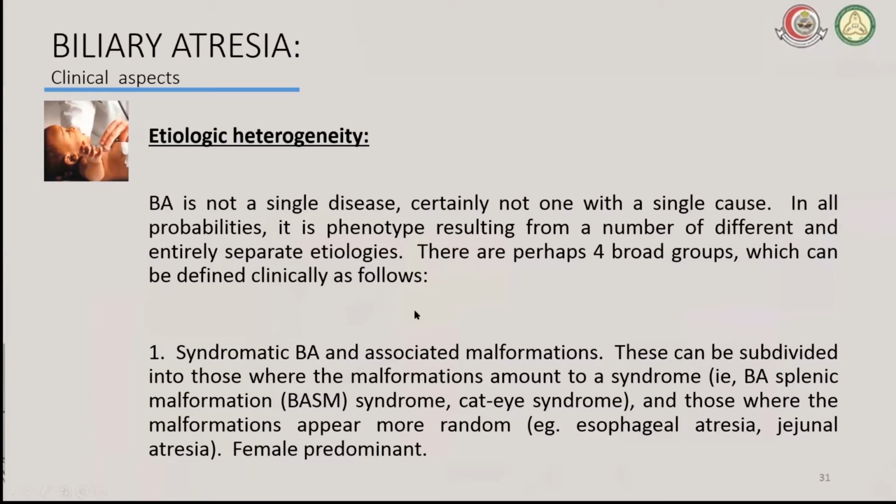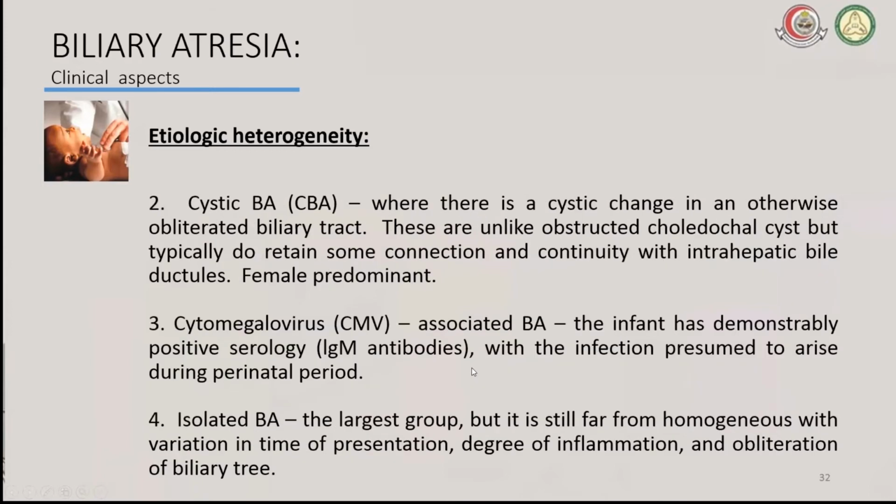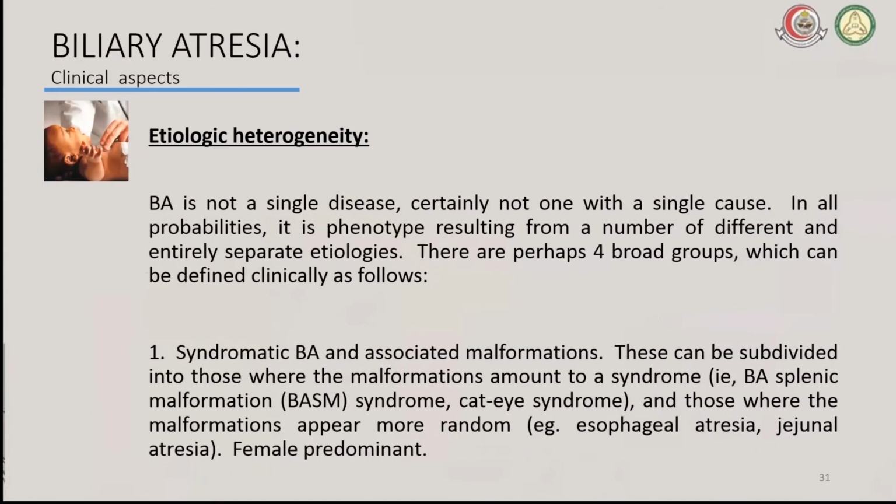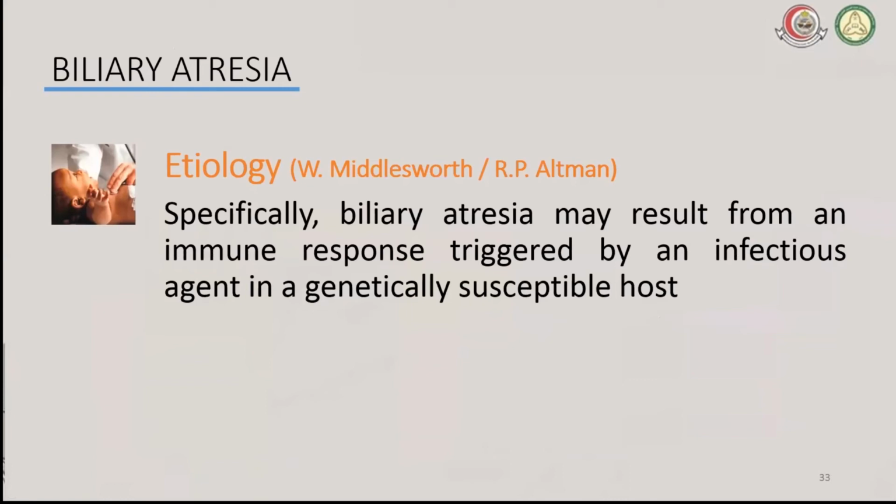And there are three or four types: whether it is syndromic, that's why we say it is congenital, or it is related to infection, or it can be an isolated group of biliary atresia without any inciting pathology. So this is a summary of the etiology.